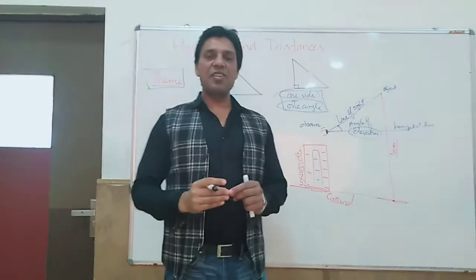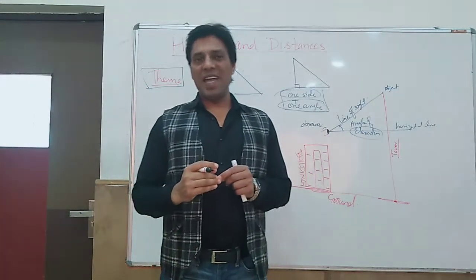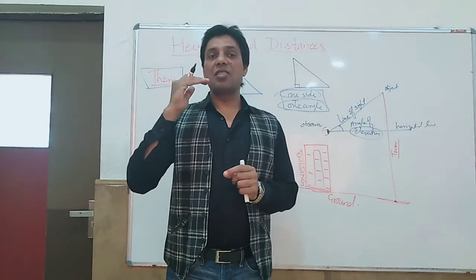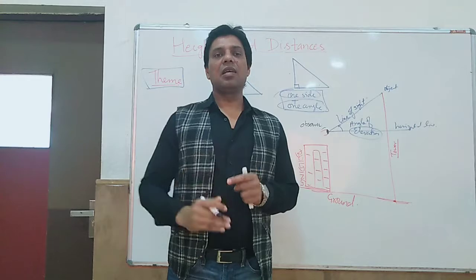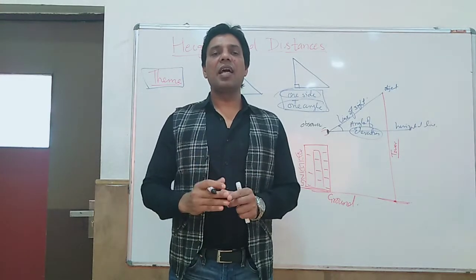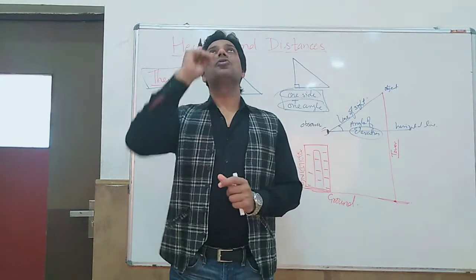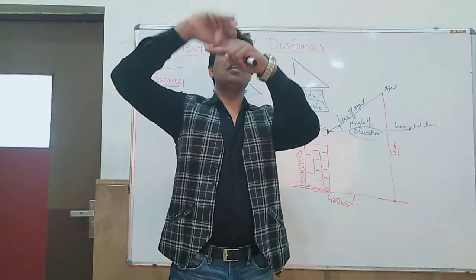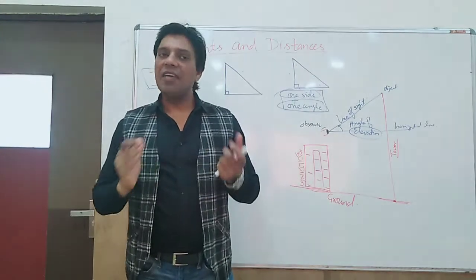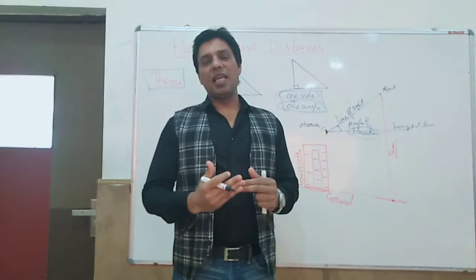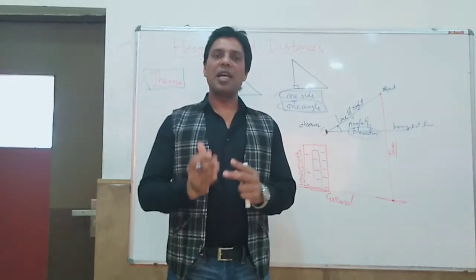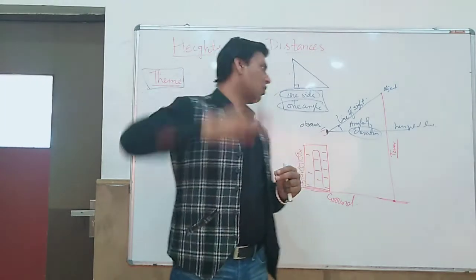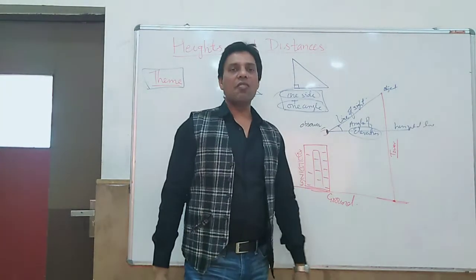Remember, angle of elevation will always be made whenever the observer is looking at something higher than him. Like if I am looking at a building like this, the line of sight will be like this and the angle will be called angle of elevation. As its name suggests, angle of elevation means elevating angle. Okay, so this is called angle of elevation.